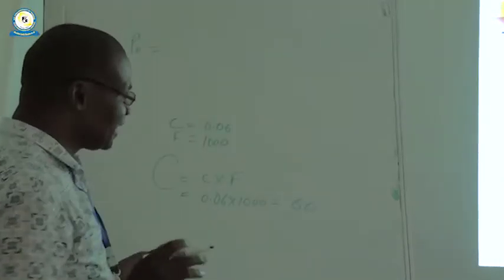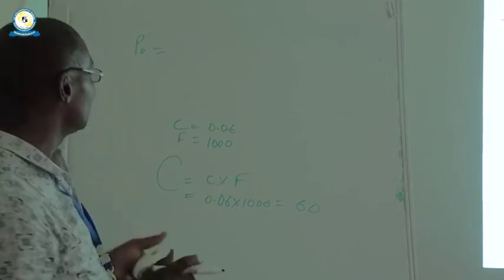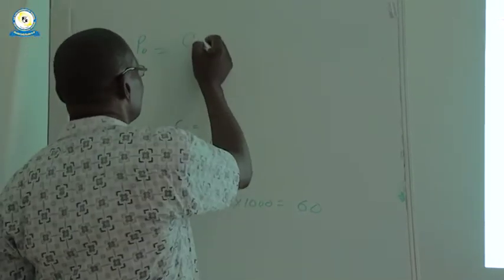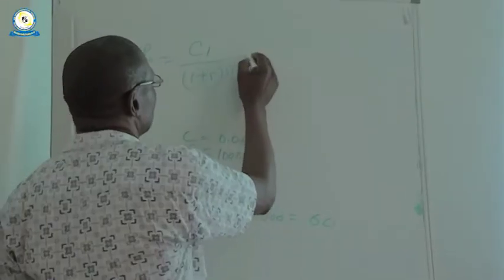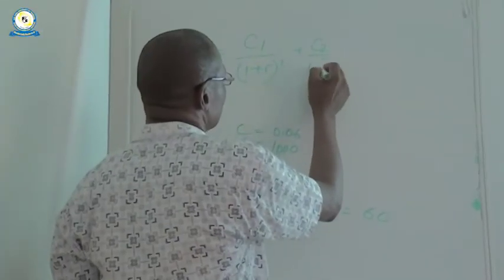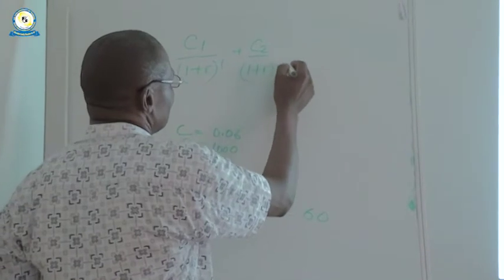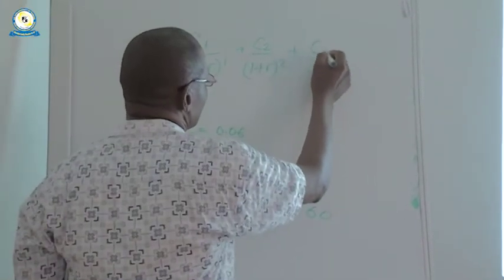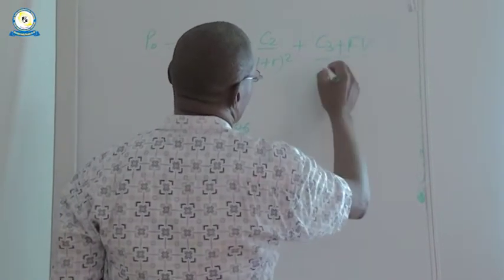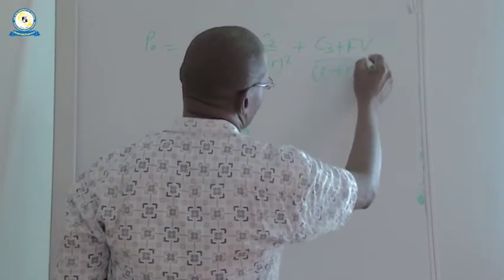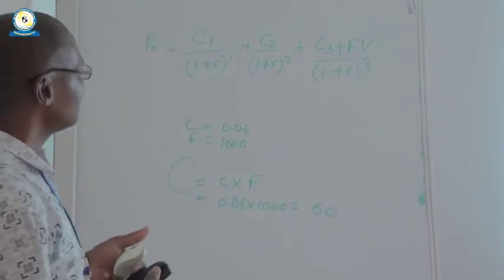So for each year, the coupon paid will be 6. So you take C1 over 1 plus R power 1, plus C2 over 1 plus R squared, plus C3 plus FV over 1 plus R power 3. That is how we are going.